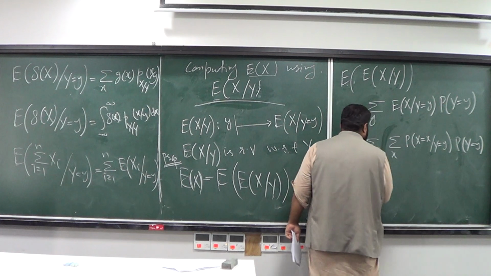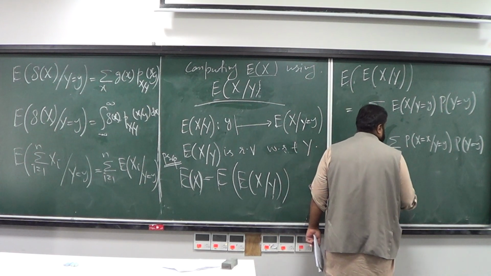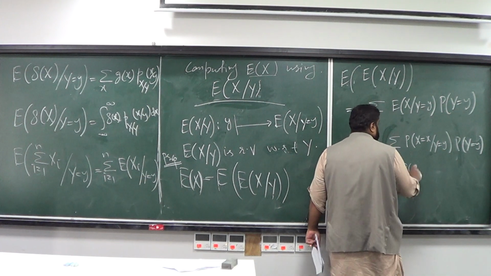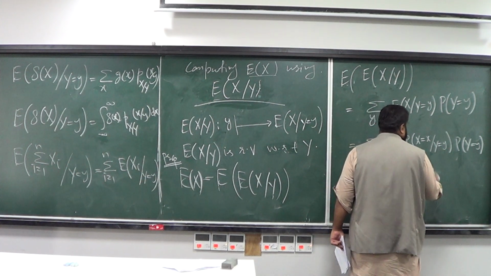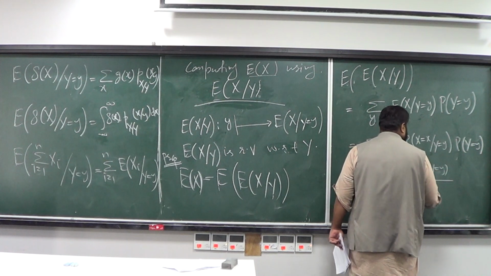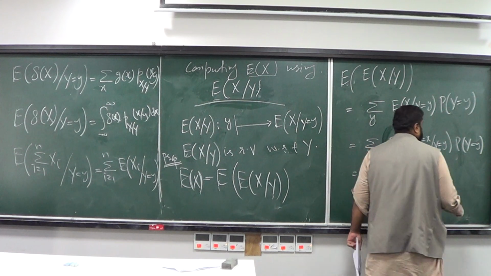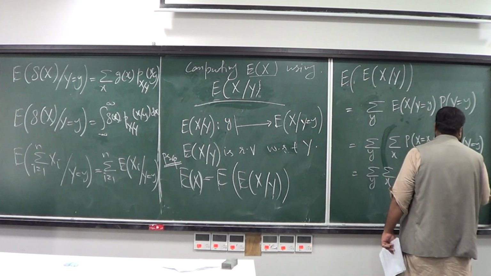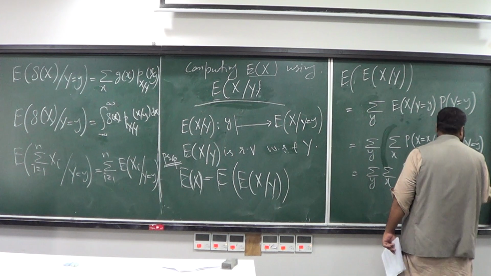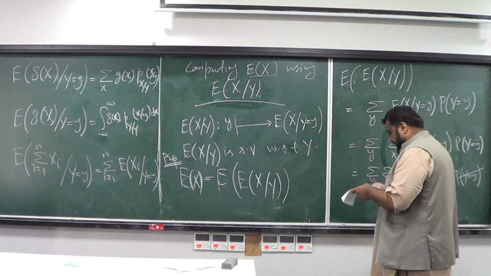And now I can simplify this expression, the sum over x. This is going to be the probability of x equal to x, y equal to y, and everything divided by the probability of y equal to y, times the probability of y equal to y. And hence you can get rid of these probabilities.